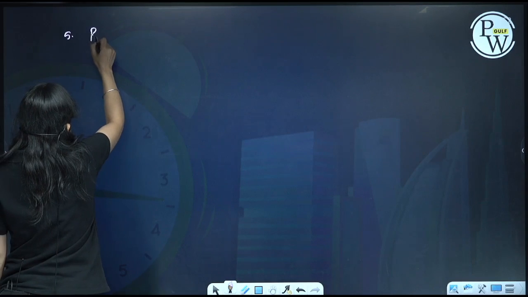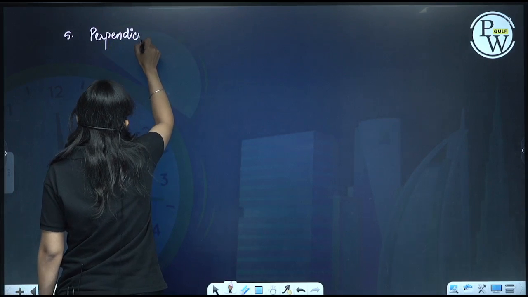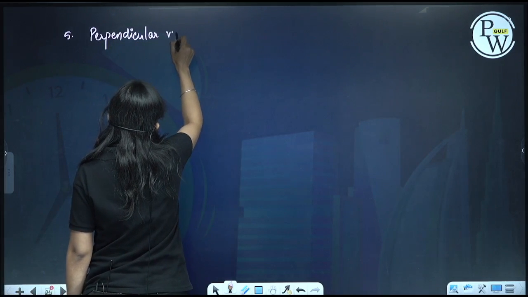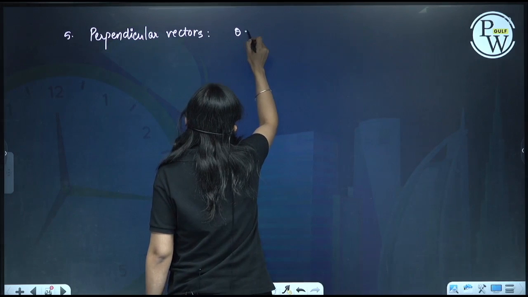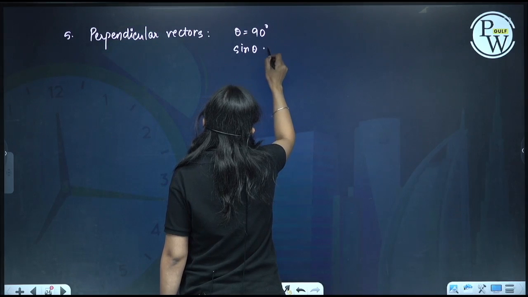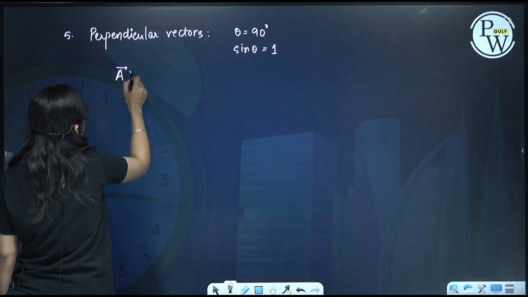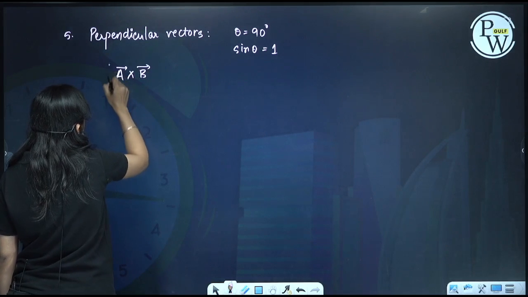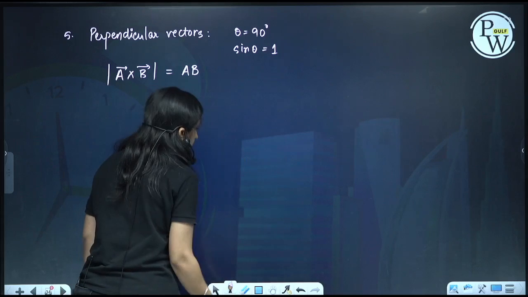Next, perpendicular vectors. For perpendicular vectors, theta will be 90 degrees, sin theta will become 1. So A cross B will have the magnitude AB sin theta, which becomes AB.